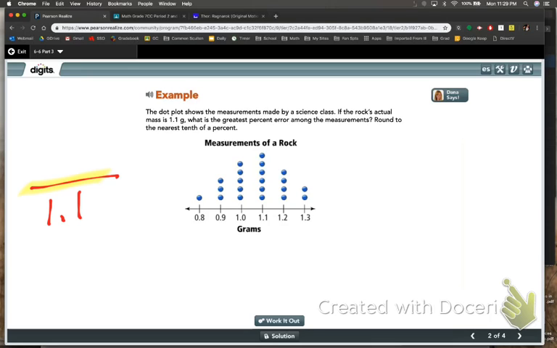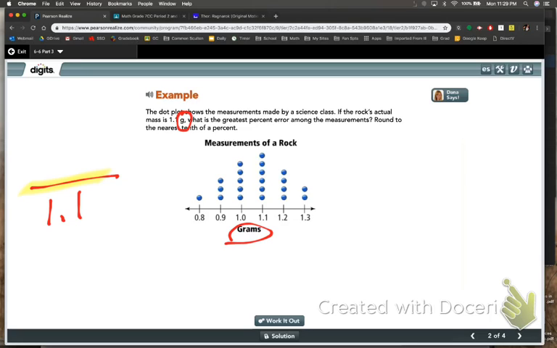And the greatest percent error among the measurements. Round to the nearest tenth of a percent. Are we using the same units? We got grams here and grams here, so there's no conversion. And then they said, what is the greatest percent error among the measurements?